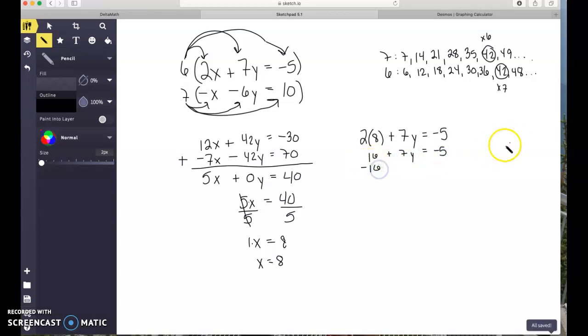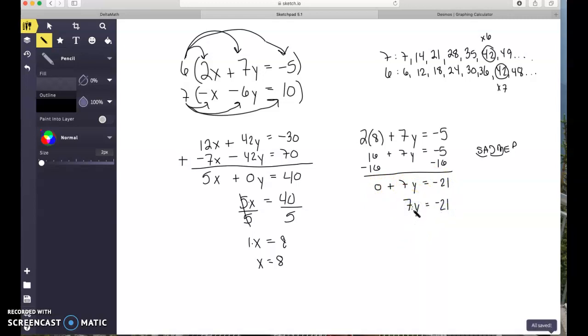Now this is where SADMEP comes into play. Reverse order of operations, okay, because we're trying to find what y is. So we have to get rid of the 7, get rid of the 16. I'm going to get rid of the added or subtracted term first by doing the opposite, which is minus. So minus 16 to both sides of my equal sign. 16 minus 16 is 0 plus 7y equals negative 5 minus 16 is negative 21. 0 plus 7y is just 7y equals negative 21.